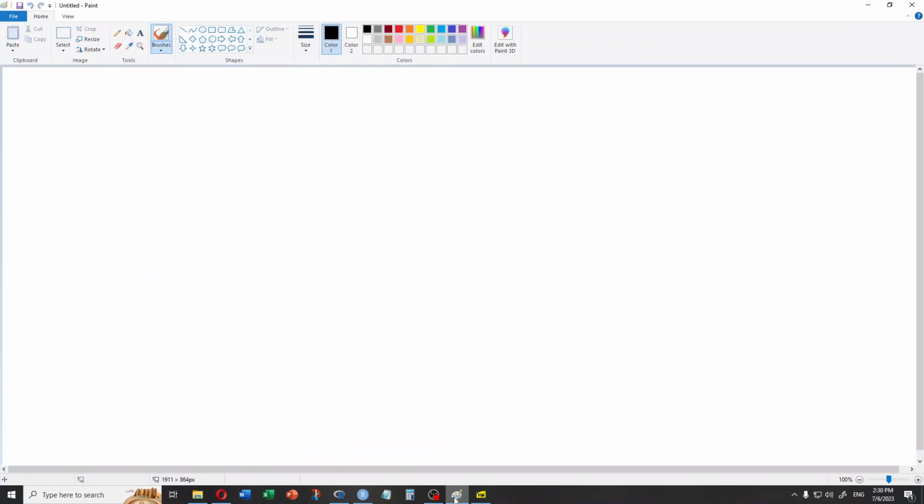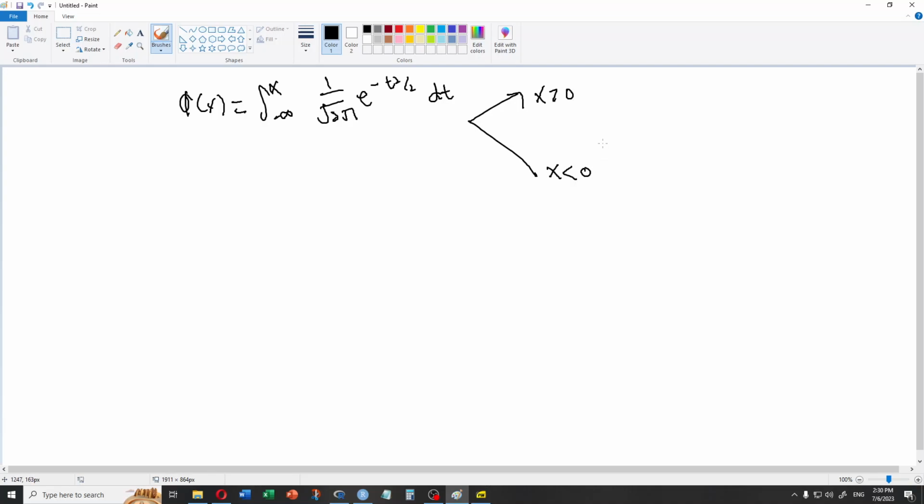So I'm going to write some part of this here. So let me just clean this. Here we have the CDF of a normal distribution, which is given by the integration from negative infinity to x of 1 over the square root of 2 pi times the exponent of negative t squared divided by 2, evaluated on t. We want to divide it into two parts: the first is when x is larger than 0, and this is when x is less than 0.